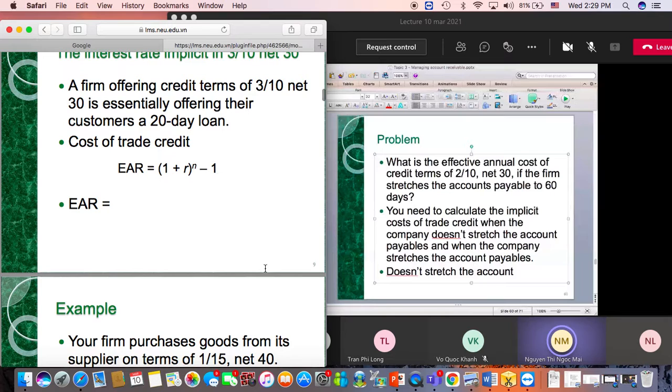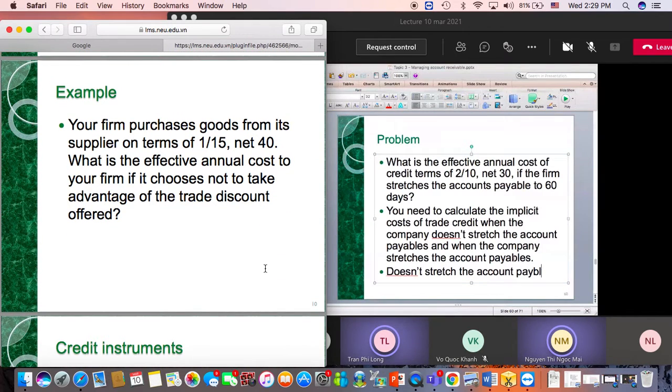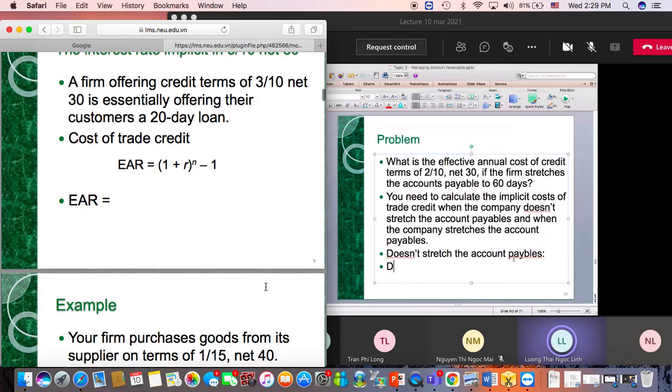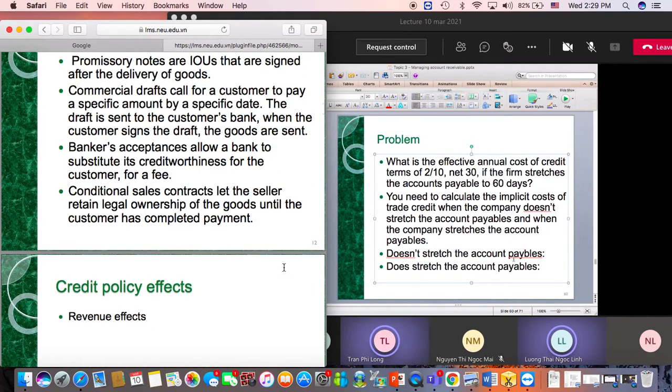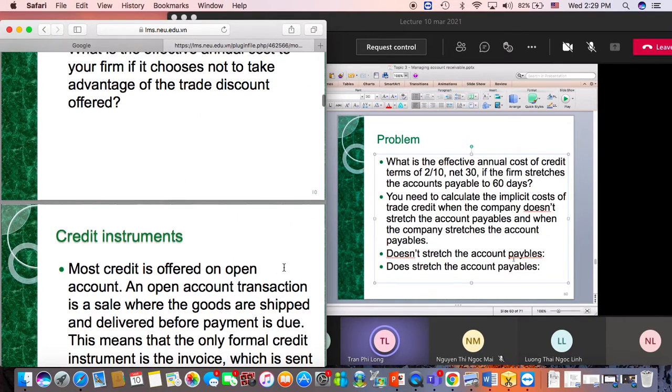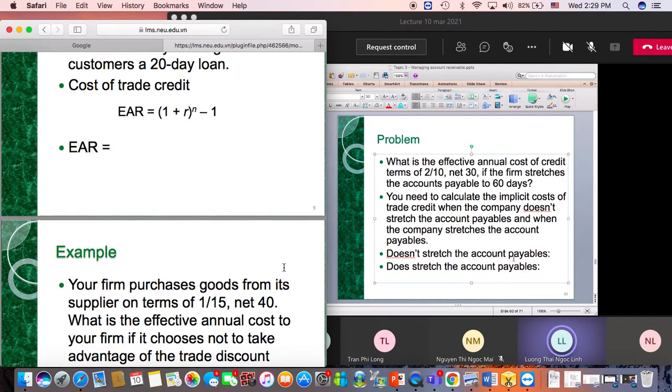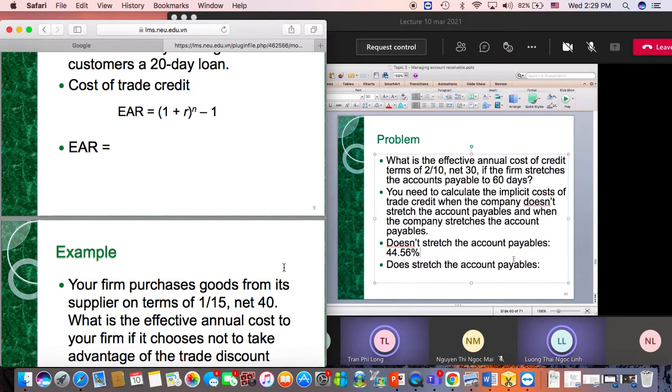Teacher, can I do this? You can. When the company doesn't stretch the account payable, it would be 44.56%. And when the company stretches the account payable, it would be 15.88%.